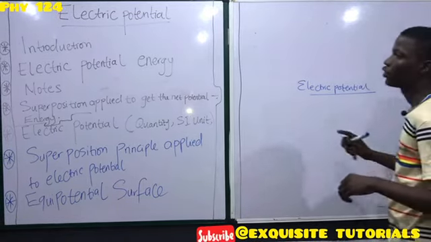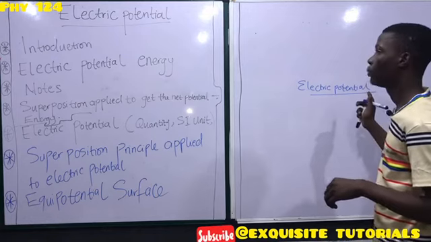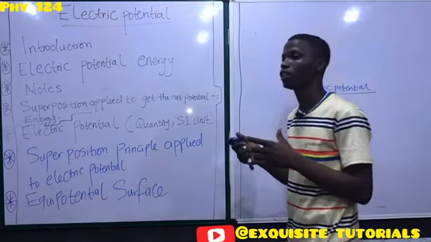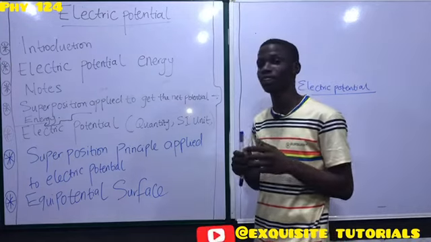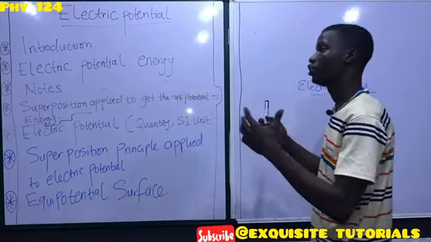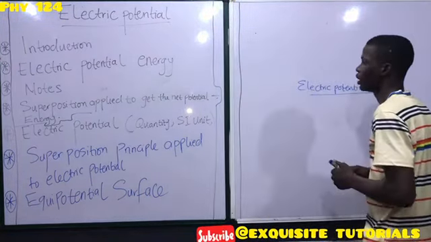Take notes, the force that exists on a body that exhibits electric potential is usually conservative in the sense that energy is not lost to the surrounding, something like that.